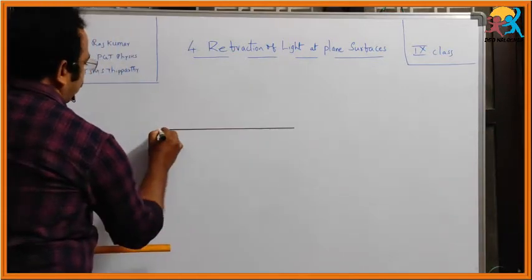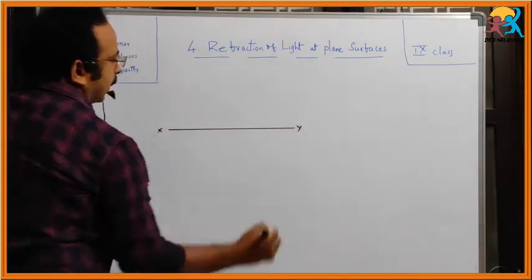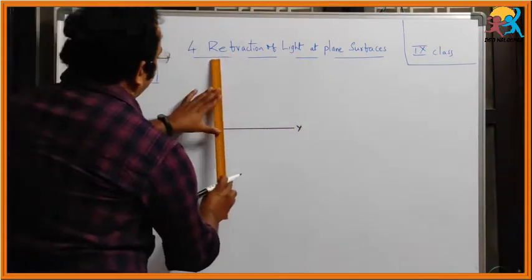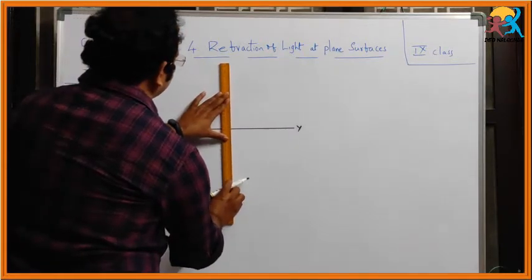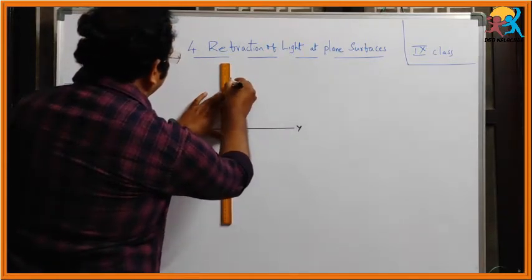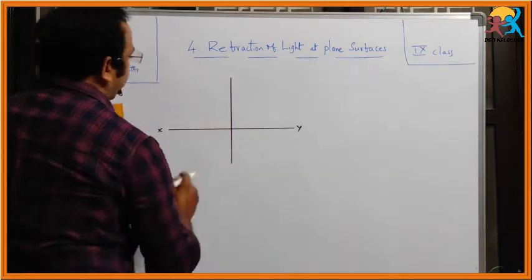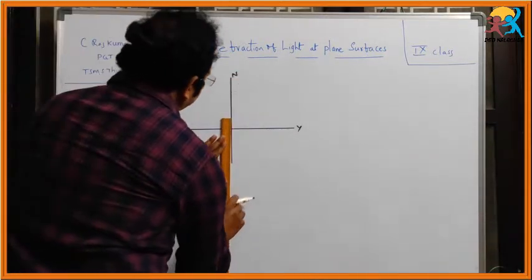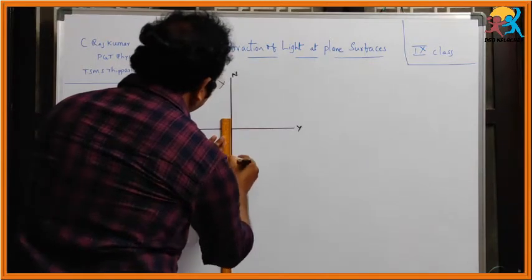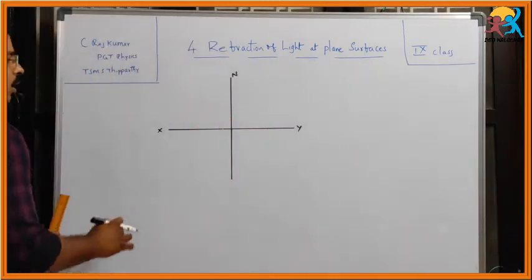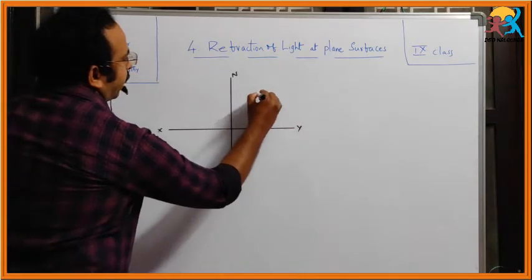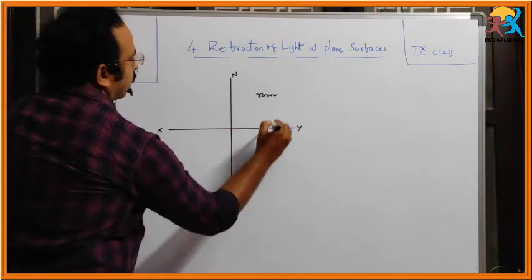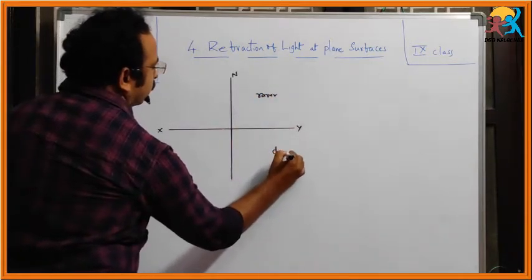XY is a plane surface. Okay, and you draw a normal to this line. Now assume that this is a rarer medium, and this is called a denser medium.